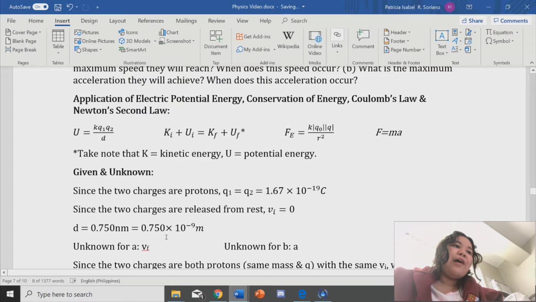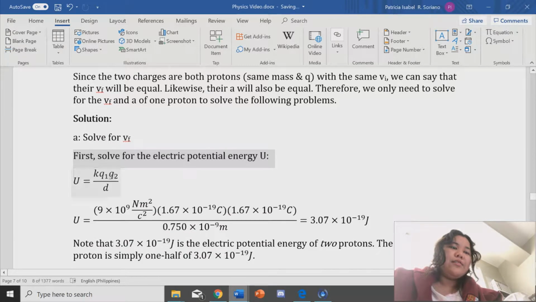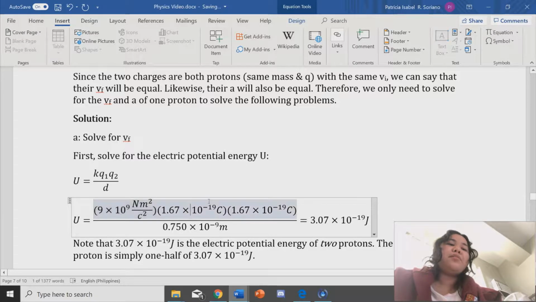Again, let's get our formula over here. U is equal to kq1q2 over d. And we can simply substitute all of our givens. This is the proportionality constant k. Again, these are the charges of the protons. This is the first proton, this is the second proton, so both of them have the same charge.